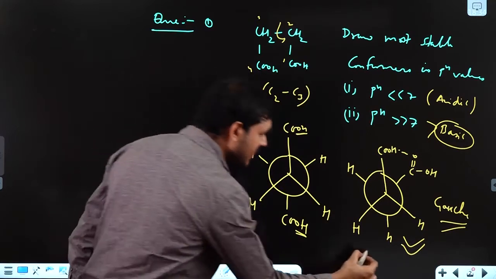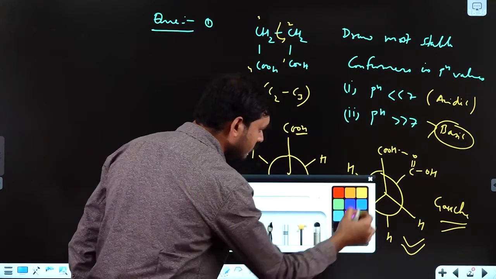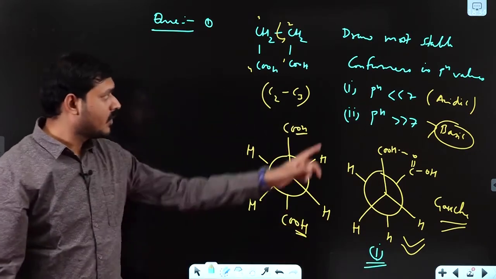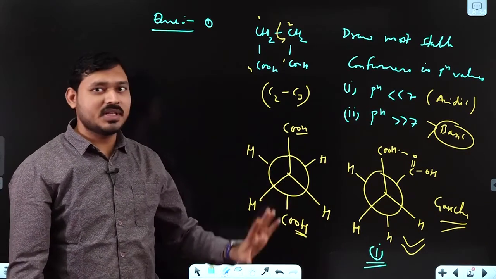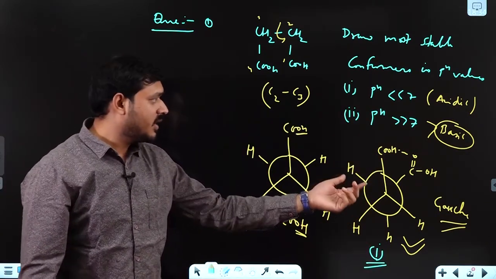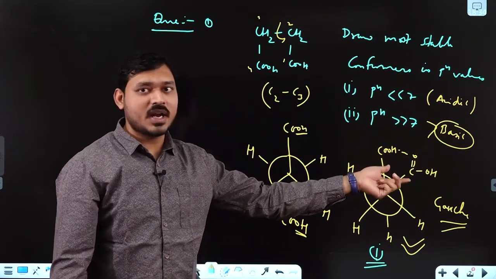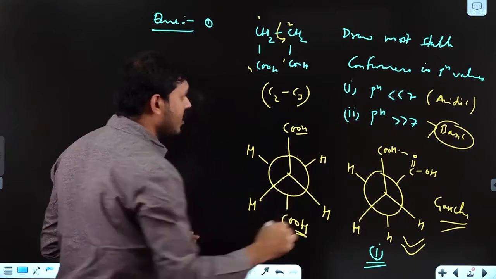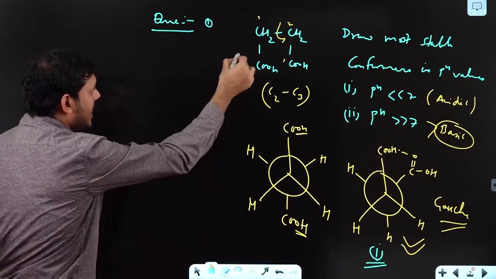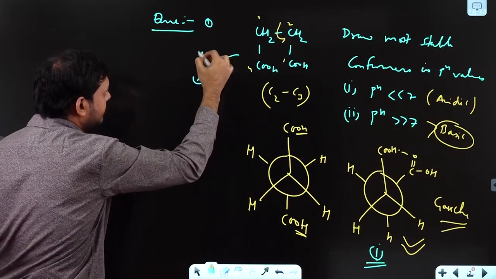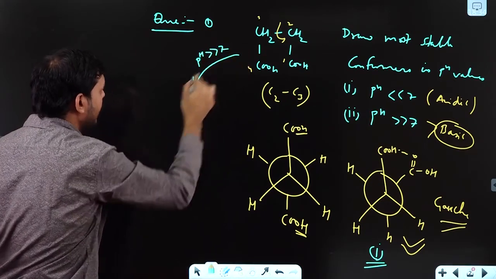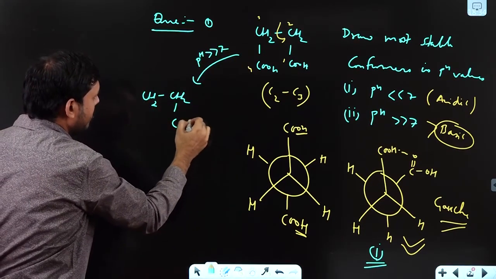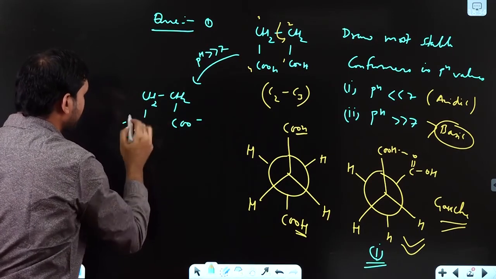Okay, so this is the case of first, right? pH very less than 7, solution is acidic, so it will exist in this form. In this case there will be intramolecular hydrogen bonding. But if the solution is basic, we can understand it will exist at pH greater than 7, it will exist as CH2 CH2 COO minus COO minus.